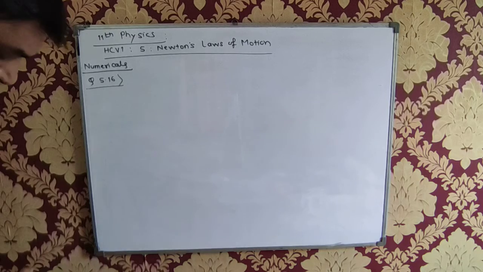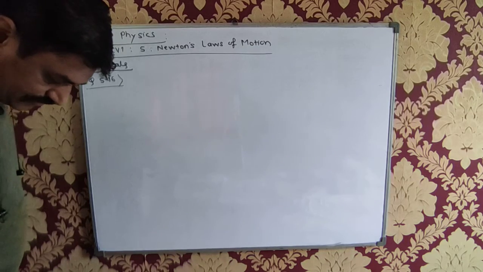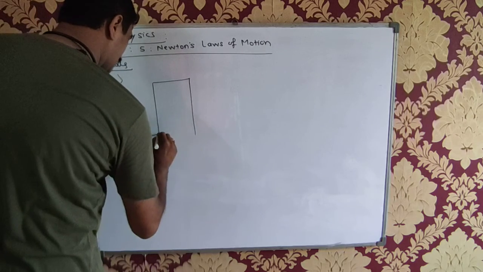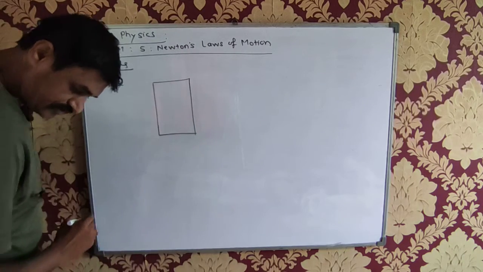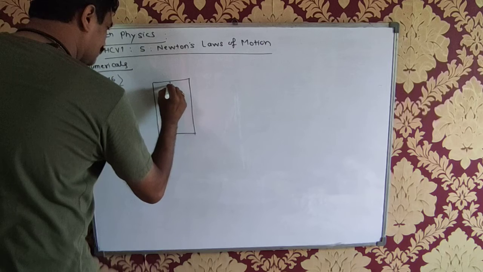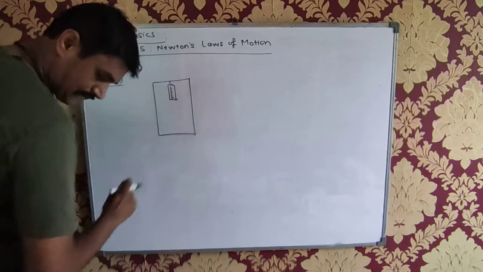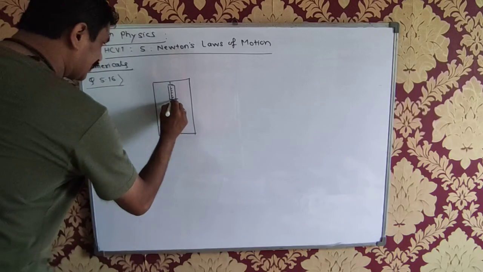Question number 5.16. There is a figure shown over there. Let me draw a quick sketch of this. This is a spring balance, and there is a pulley attached here.